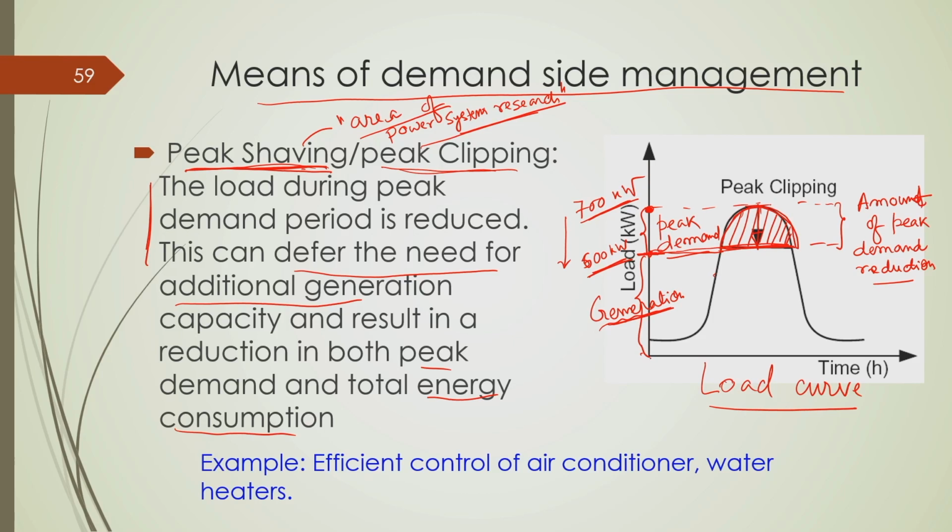Now, how can we do that? There are many ways of doing that, and people are proposing different approaches. One of the approaches is efficient control of air conditioners and water heaters. These are the two types of loads that we normally use during the peak demand time. For example, in India, when we have a very hot summer, we use air conditioning systems to a large extent, and this increases our overall load demand.